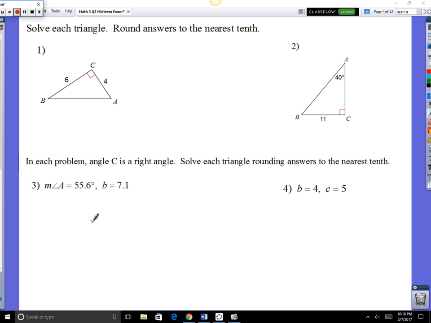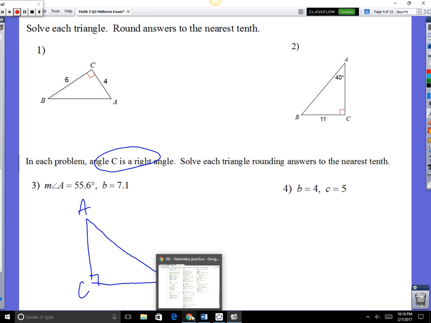Number 3 is just like 1 and 2, except it gives you the specs and lets you draw your own triangle. If you draw your own, the only thing that matters is C is the 90. So you could put A there and B there, it doesn't matter.